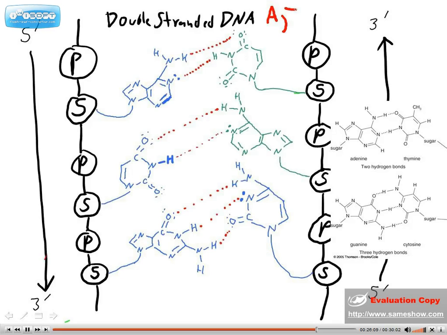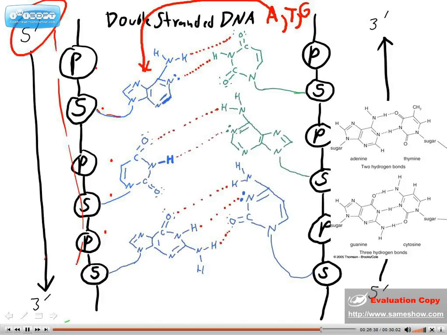If I were to ask you to draw me a double-stranded DNA, giving the starting letters for one of the strands as A, T, and G, you would draw something like this, where you have your P, S, P, S, P, S for your phosphate and sugar backbone. You draw this really long covalent bond just to make it easier for you. You also label it 5' to 3'.